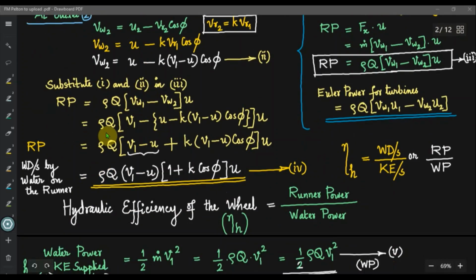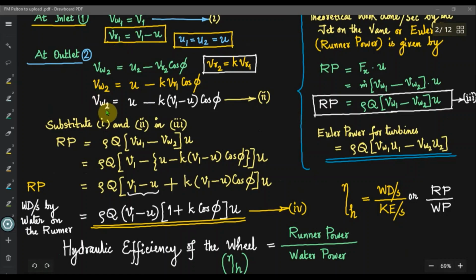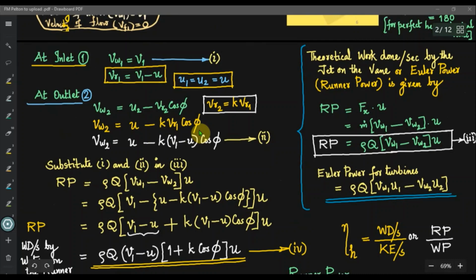Now substitute VW1 and VW2 in the expression for runner power. We already got an expression from our previous lectures that Euler's power or runner power is equal to rho Q into (VW1 U1 minus VW2 U2).